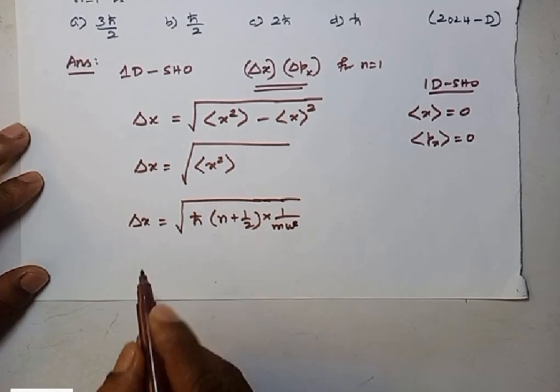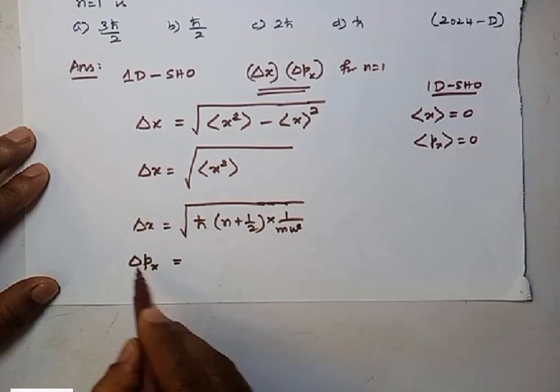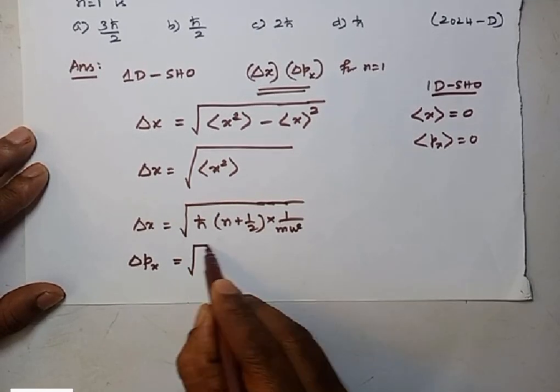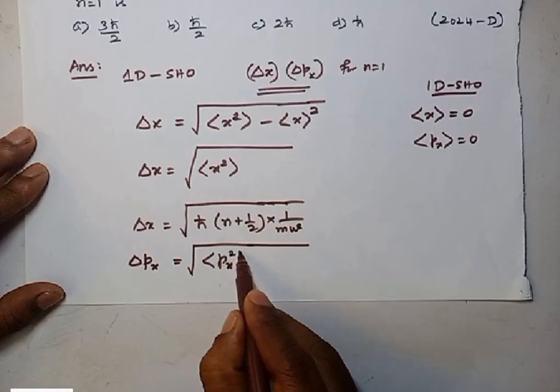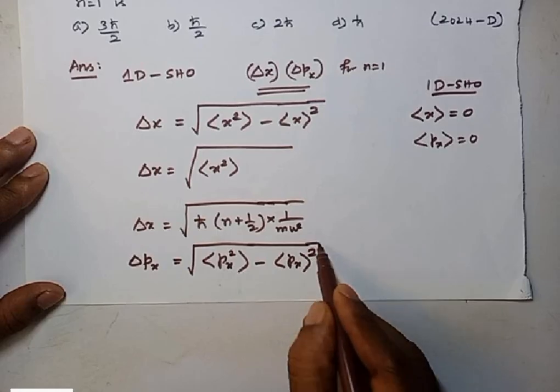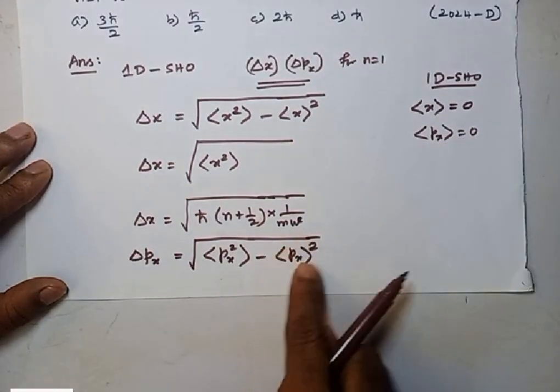In a similar manner, we find delta px, the standard deviation in the x component of momentum, which is the square root of the average of px square minus the average of px the whole square. As the average of px is 0, this becomes 0.